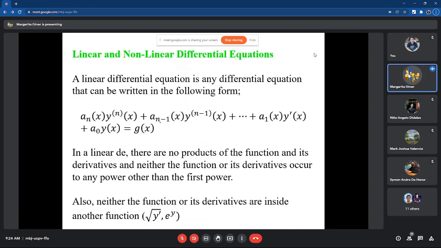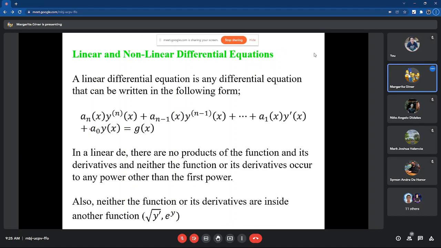Okay? So we proceed. Linear and non-linear differential equation. So a linear differential equation is any differential equation that can be written in the following form. So this is the form for linear differential equation. In a linear DE, there are no products of the function and its derivative, and neither the function or its derivative occur to any power other than the first order.